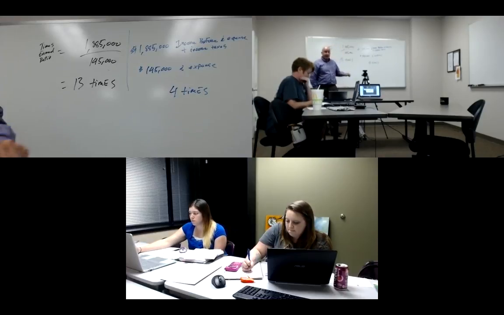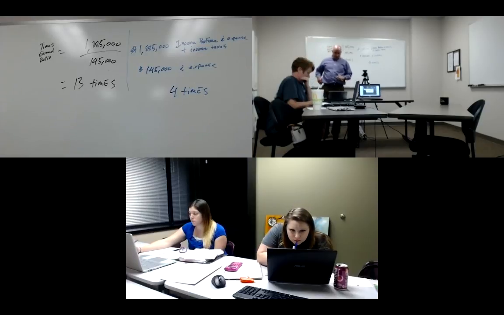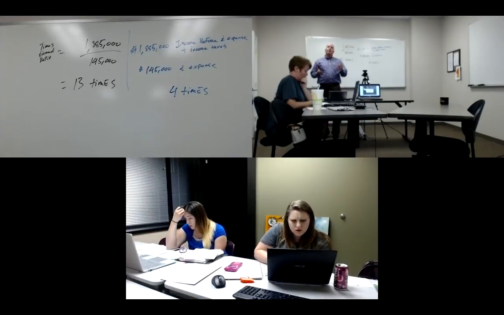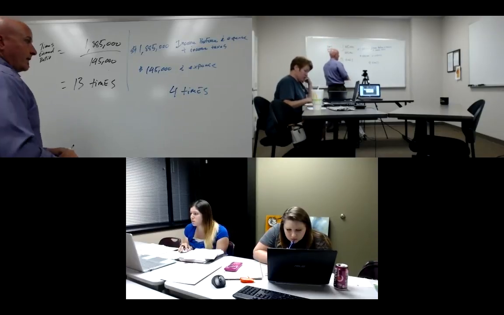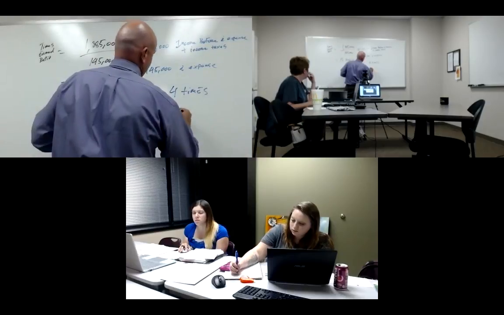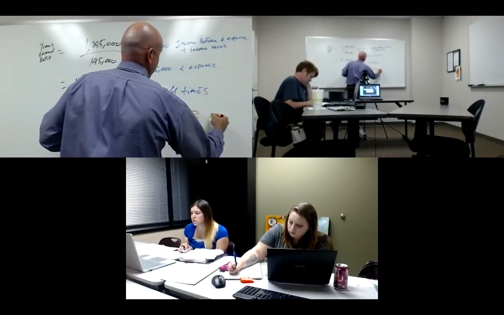So what does a times earned ratio of 13 suggest? Go back and recall on that slide, at what level did we start to see default risk increase? 1.5 to 2.